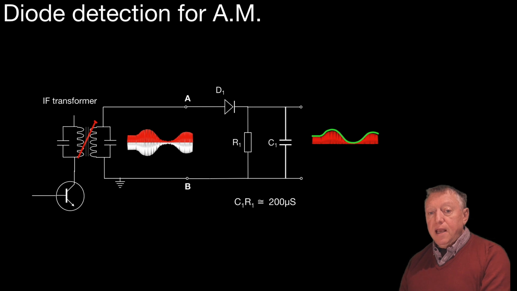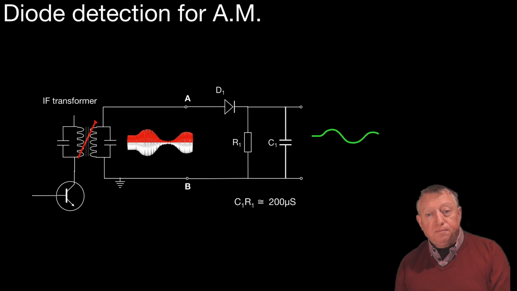Because what will happen is that the IF frequencies will be, if you like, filtered by that RC filter, leaving the envelope remaining. And so that's what we have there.